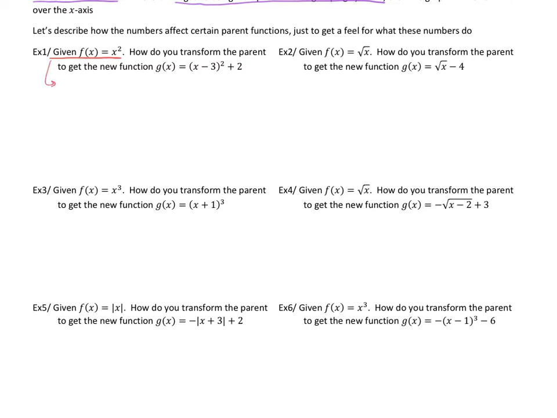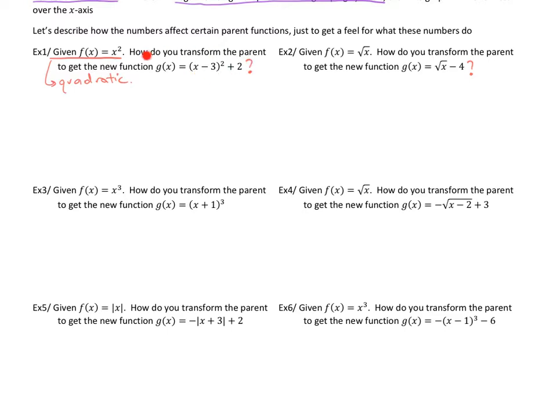It'll be good to note that that is the quadratic parent function, x squared. So the question becomes, how do you transform the parent to get the new function? And that should be a question mark. All of these should have question marks. So how do you transform the parent function to get this?